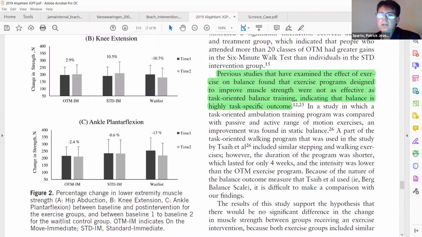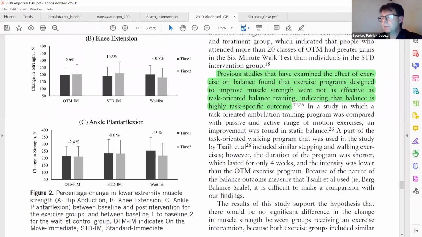We think that having instrumented measures is the way to go as we move forward, so we can more quantitatively define the performance of people and track that over time. So even though the intervention wasn't targeted at standing balance, we wanted to see if there were also carryover effects for that.